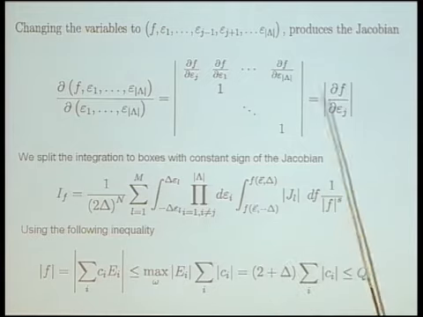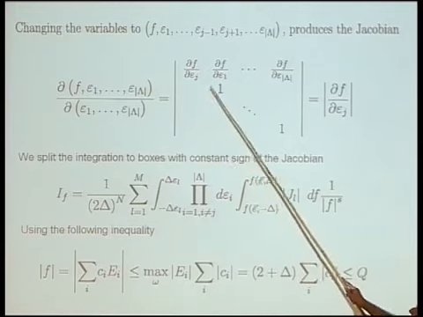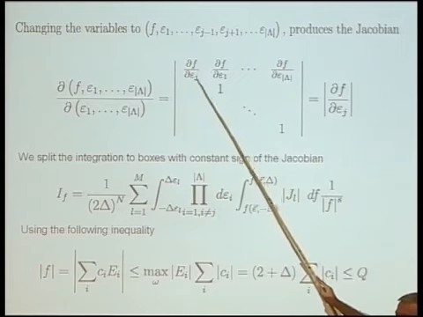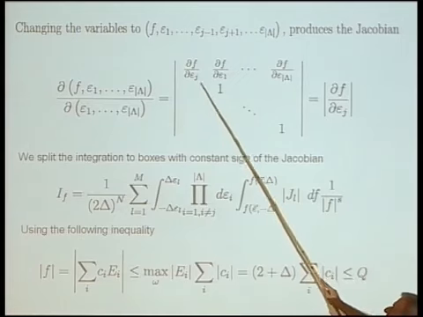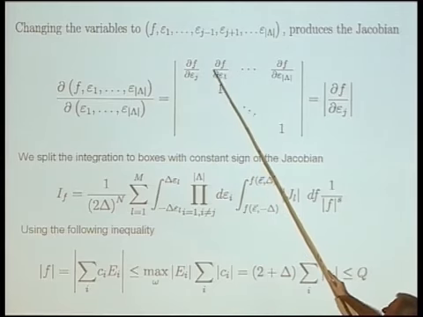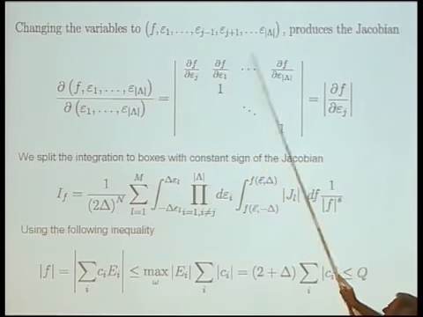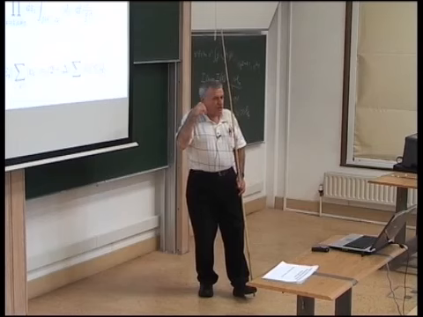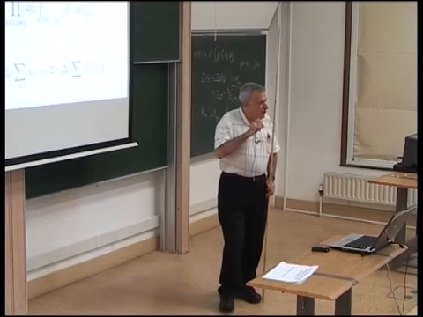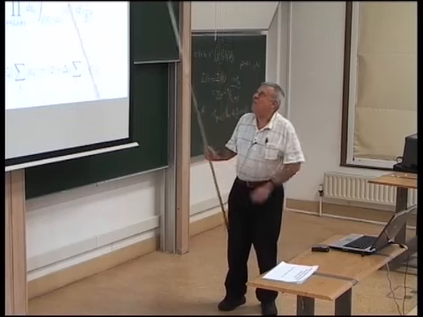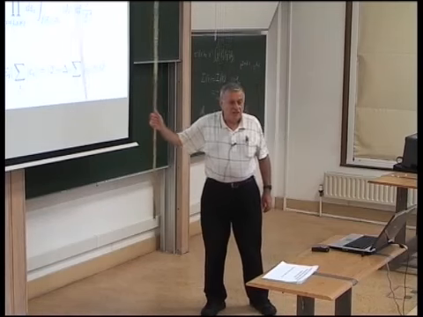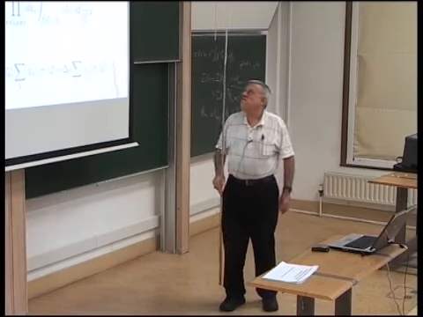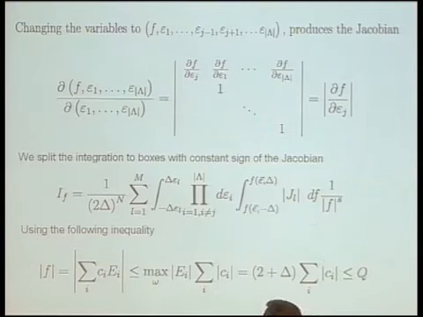So we change variables to new variables, throwing out one of the epsilons, an optimal epsilon that I will tell you about later, and replacing it by the function f. That is that sum that is written there.